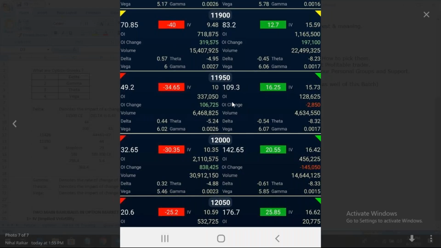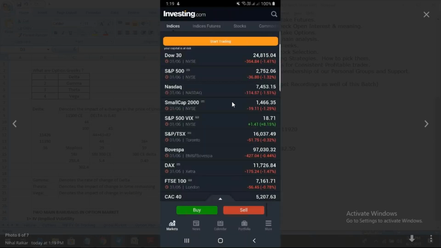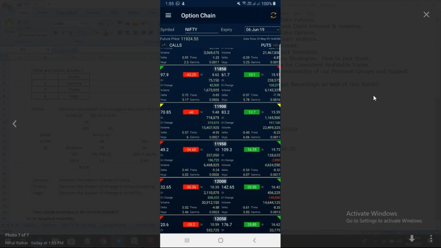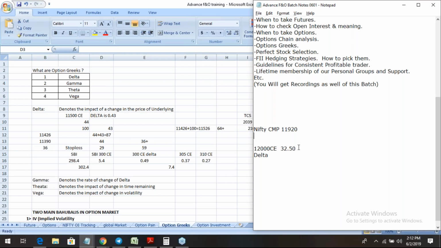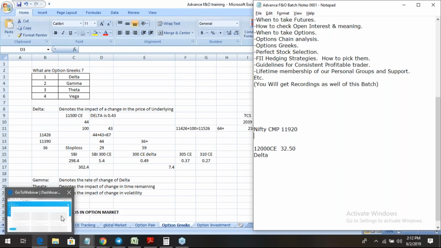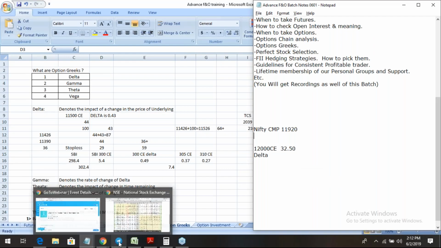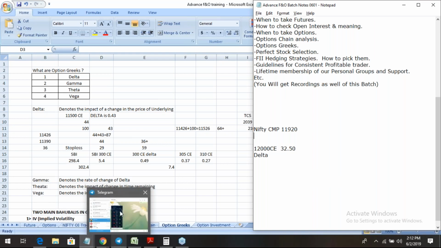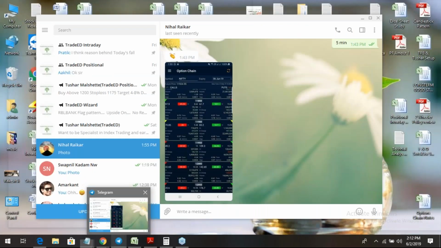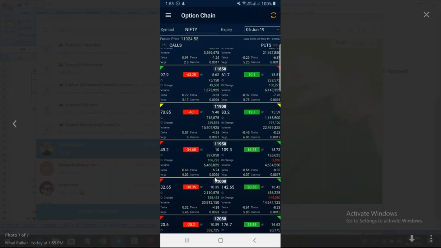Are you looking at this page, guys? What is the delta of 12,000 call? I want an answer from everyone. It is 0.32.